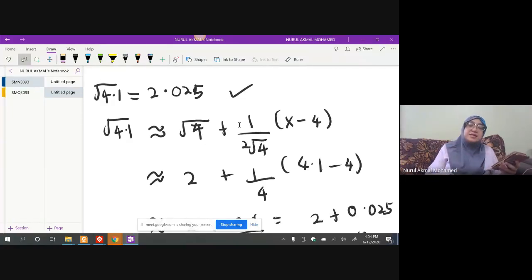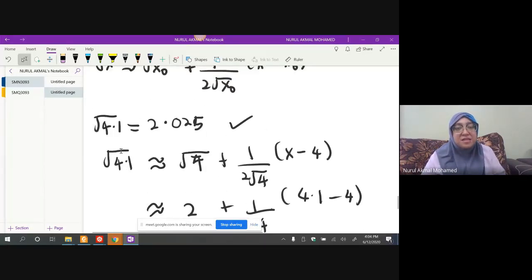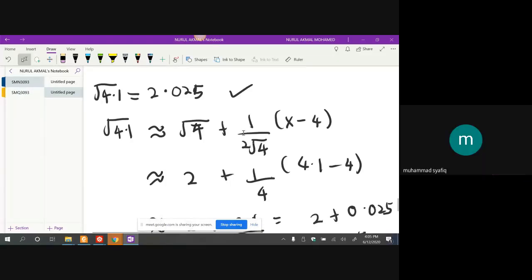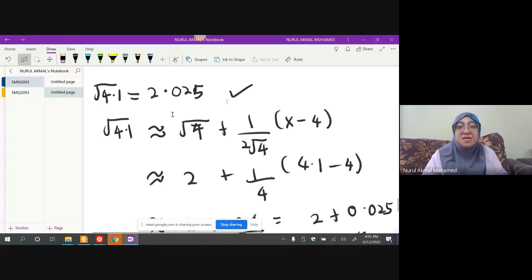whenever the x is close enough to x naught. But let's say you have x equal to 4.1 and you use x naught equal to 2. That one is not okay. You have to choose the x and x naught which are close enough. But it depends on the value of f.